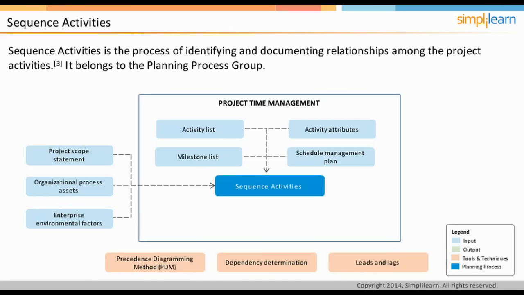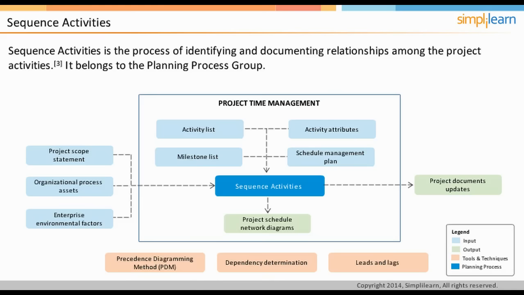The output of the process is the project schedule network diagram, which is a graphical representation of the project activities in a form of network, which also shows the activity dependencies. While designing the network diagram, new activities might be identified, and that would result in some project document updates, especially the ones that list all the project activities.